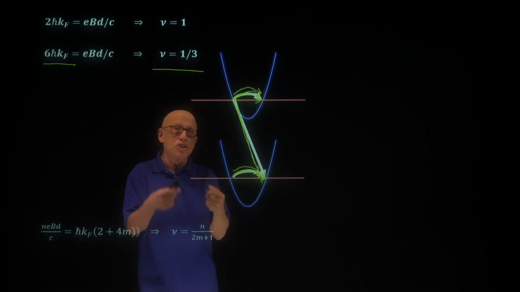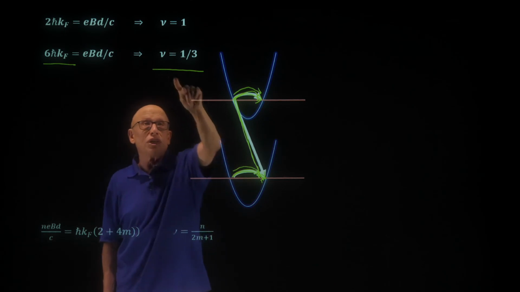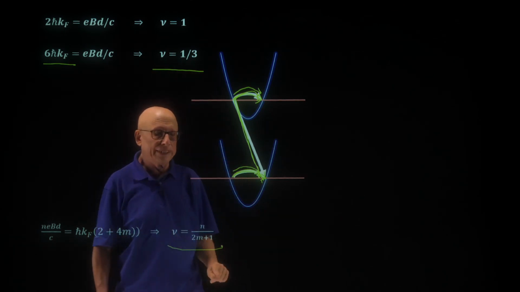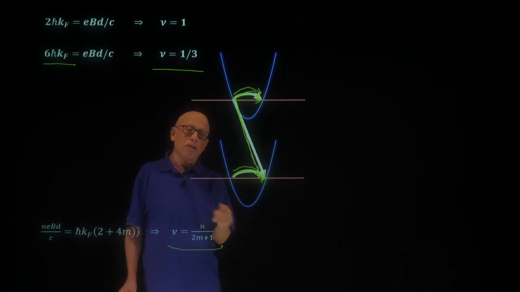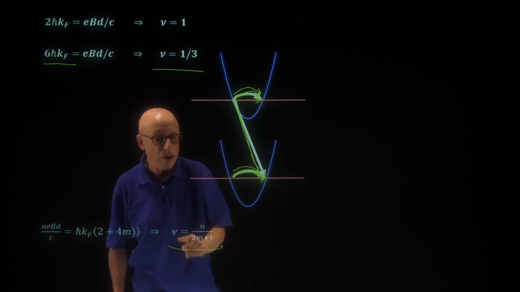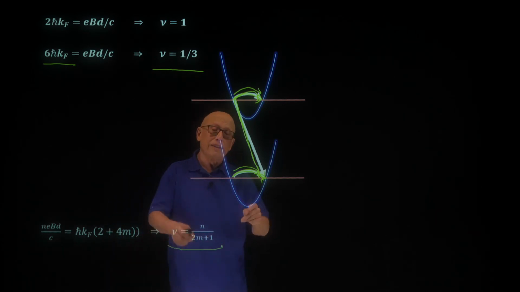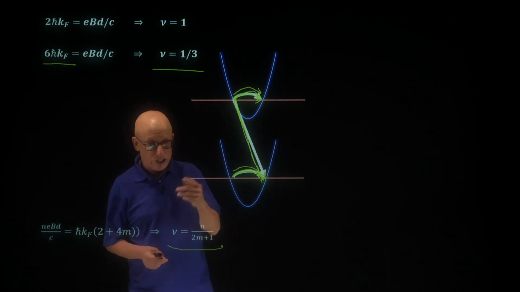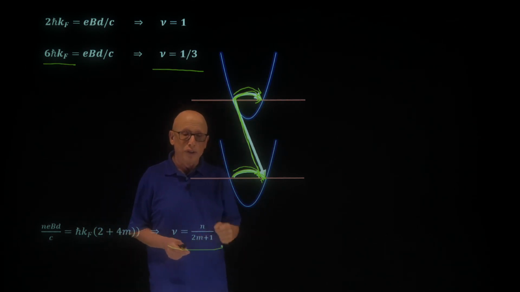And doing this, we can generalize this procedure from just constructing the nu equals 1/3 state to constructing a whole series of fractions of the form n over 2m plus 1, which are all fractions with odd denominators. In fact, we can even generalize this to even denominator fractions in a way that I will not cover here.